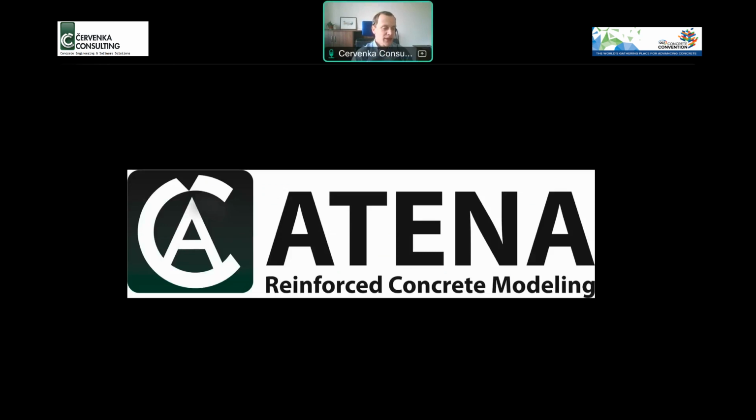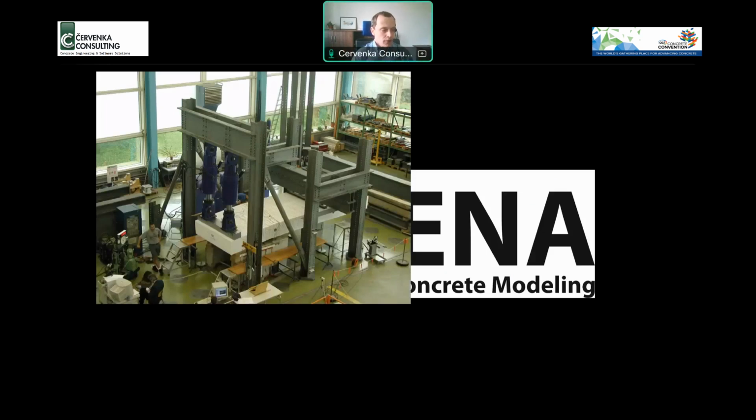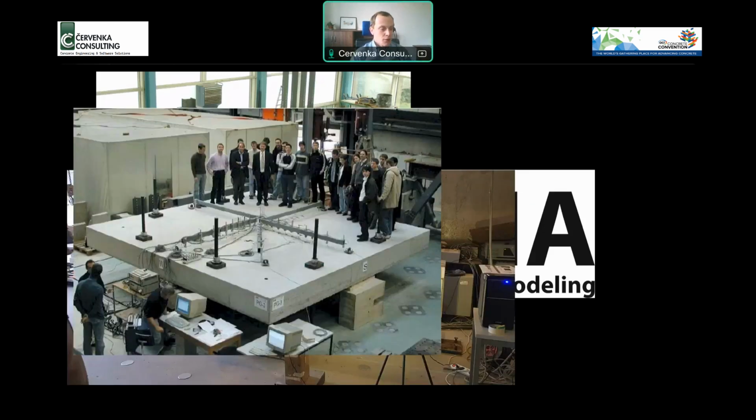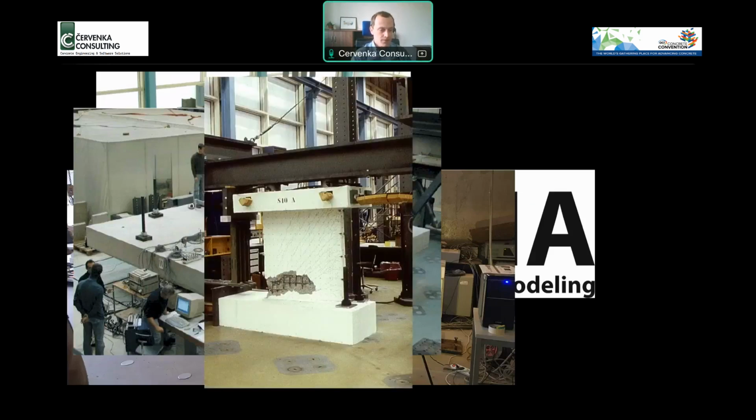Let me start with a little bit of the background and motivation for what we do. In the field of concrete engineering, most of our understanding and most of our design formulas are deduced from simple laboratory experiments. You can see here bending of a slab, bending of a beam, punching shear of a slab or a shear wall subjected to monotonic or cyclic loading.